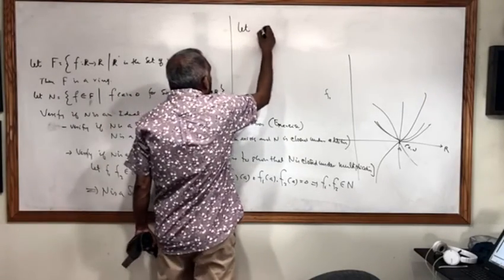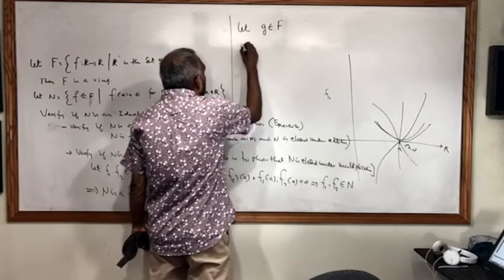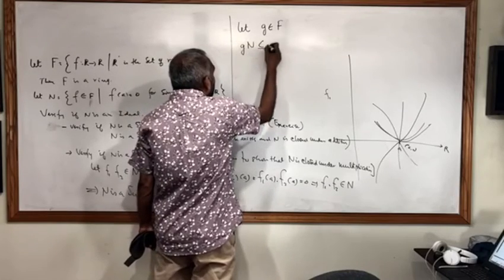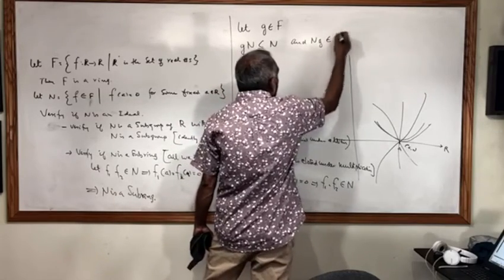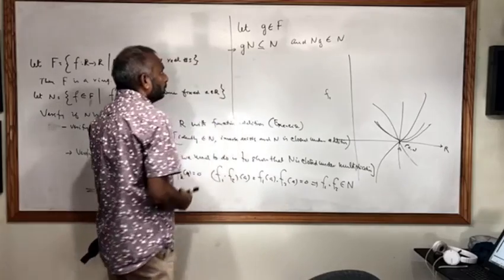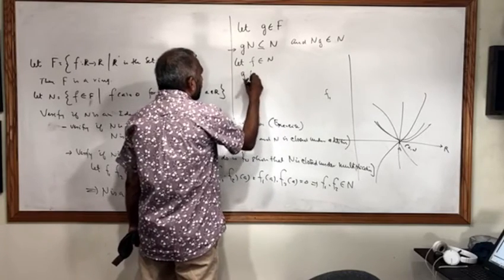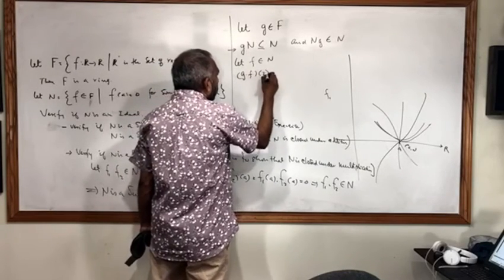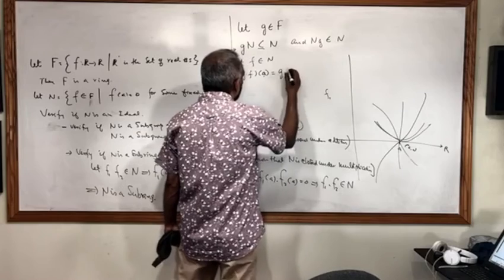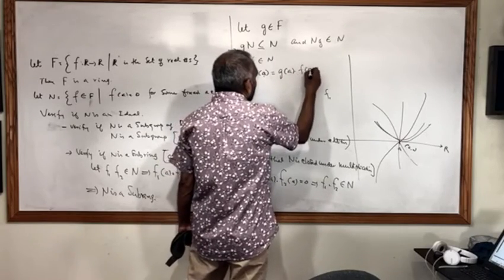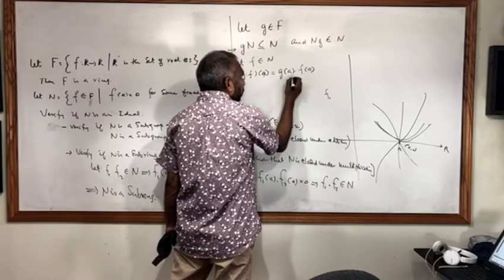Let g belong to F. We need to show that gN is contained in N and Ng is contained in N. So let f belong to N. So (g f)(a) is equal to g(a) times f(a). Not necessarily is g(a) equal to 0, but f(a) is 0.